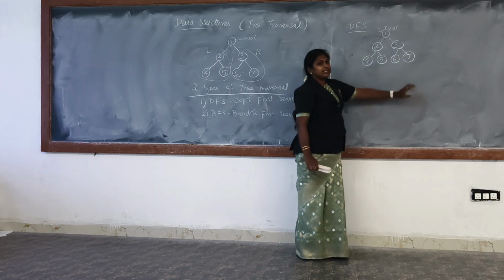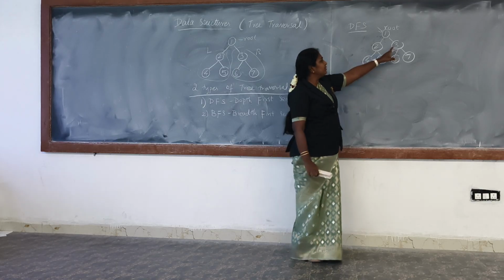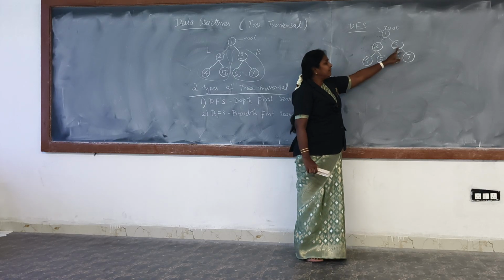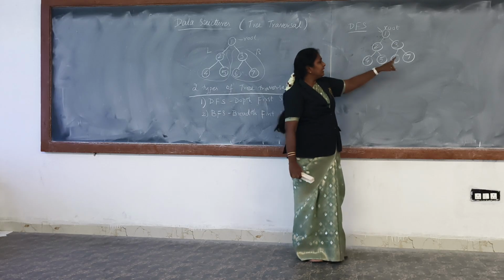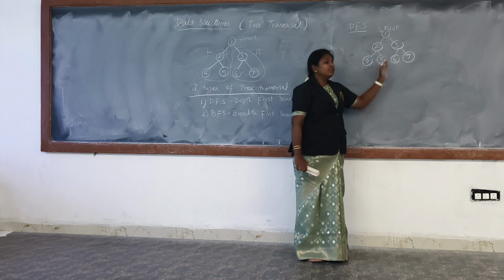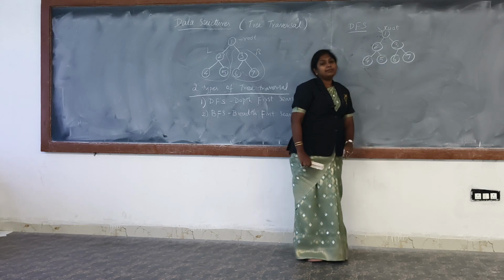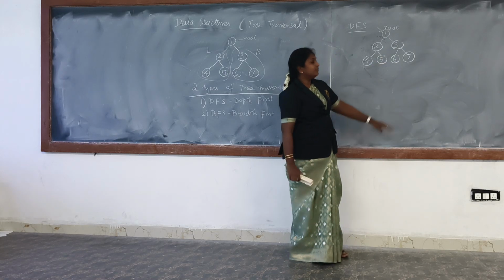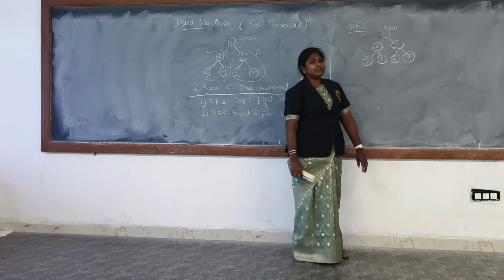Now move on to the next branch, which is 3, and from this you have two branches, 6 and 7. Go for one branch like 6, and then there are no branches for 6. So backtrack, go for the other branch of 3, that is 7, visit 7 and complete the tree traversal.